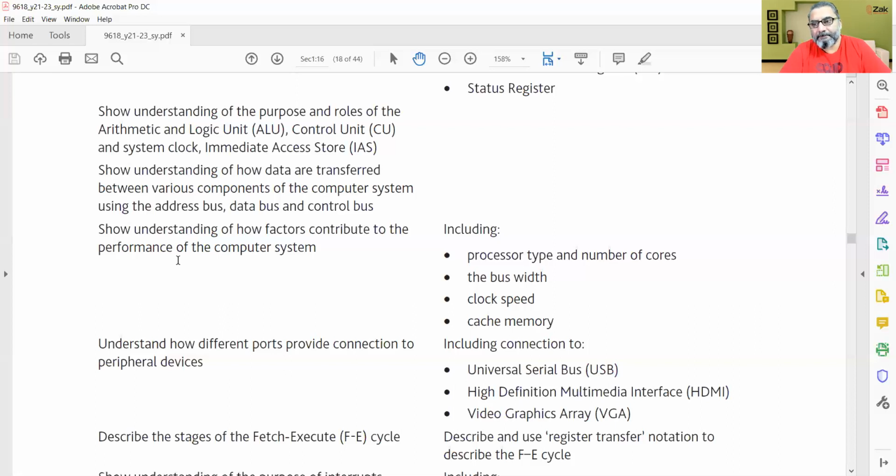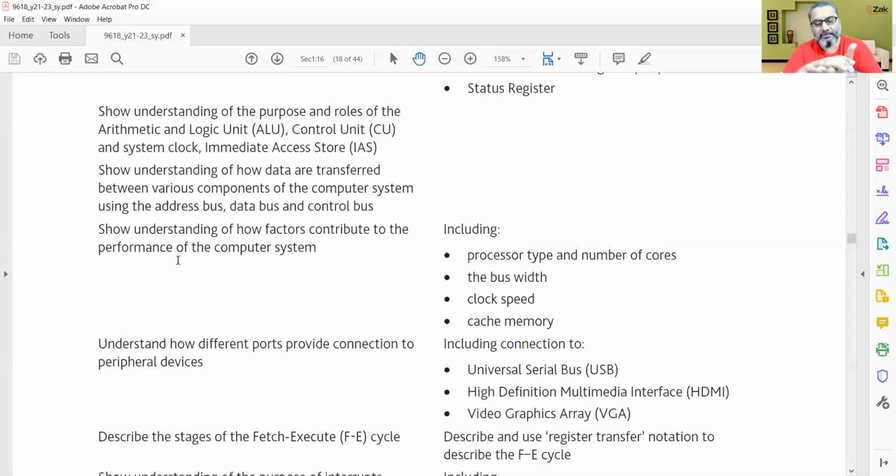Now let's say the bus width is 32, meaning the address bus has got 32 wires in it. Address bus is a physical thing which is connecting the processor with the memory and other parts of the computer through the motherboard.